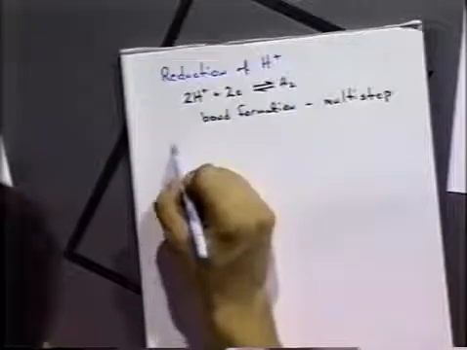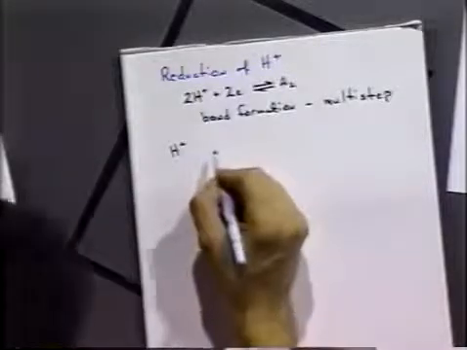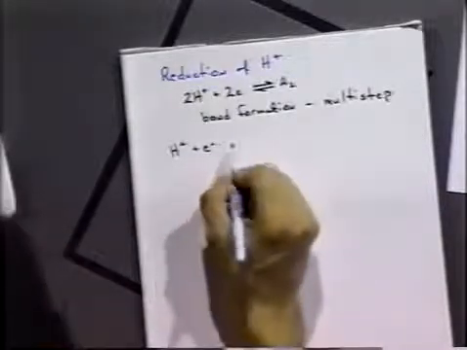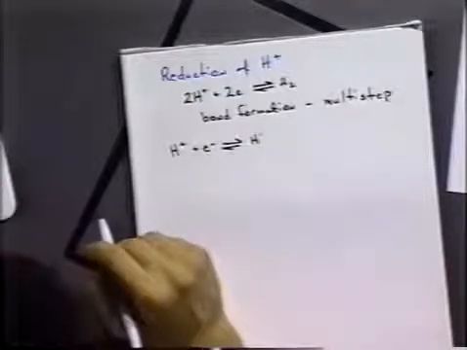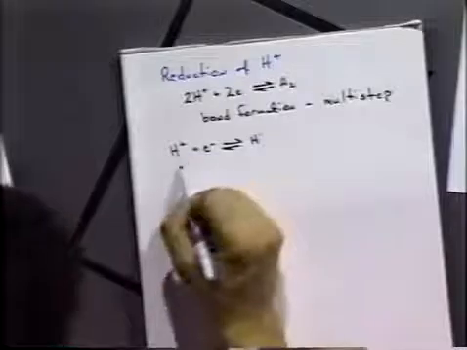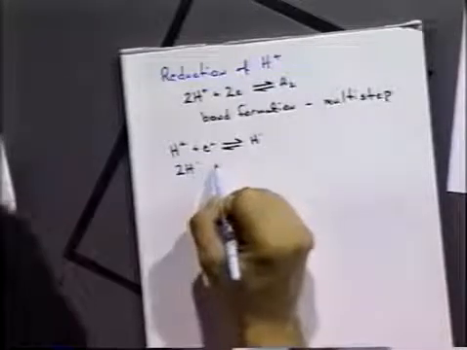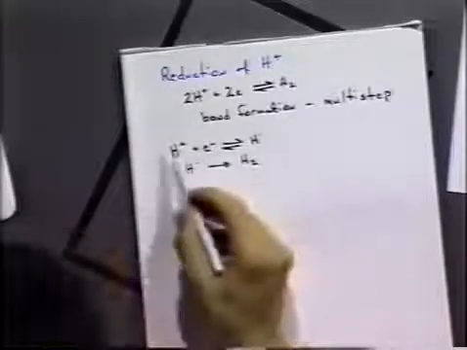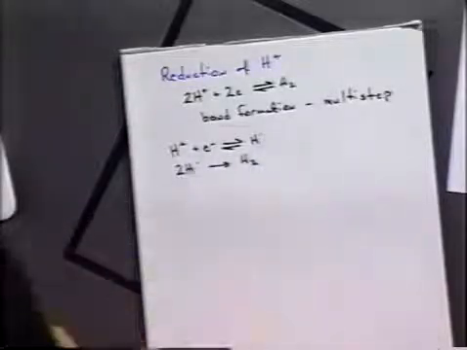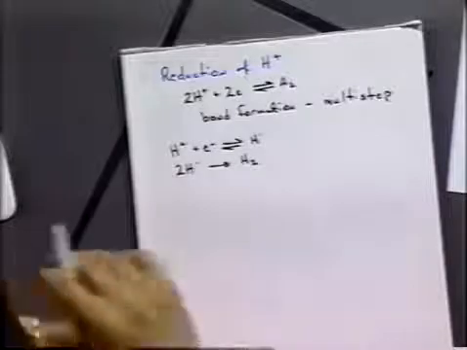There's 2 basic possibilities. We can think about a proton plus an electron going to a hydrogen radical, a hydride, and then 2 of those hydride materials getting together to form hydrogen gas. And you can see we need 2 electrons to form the 2 hydrides, or the 2 hydrogen atoms.